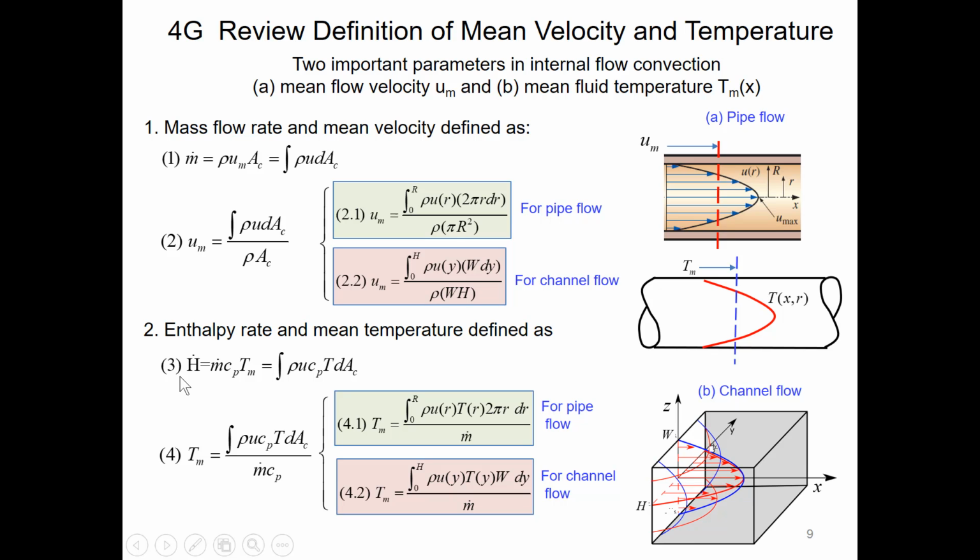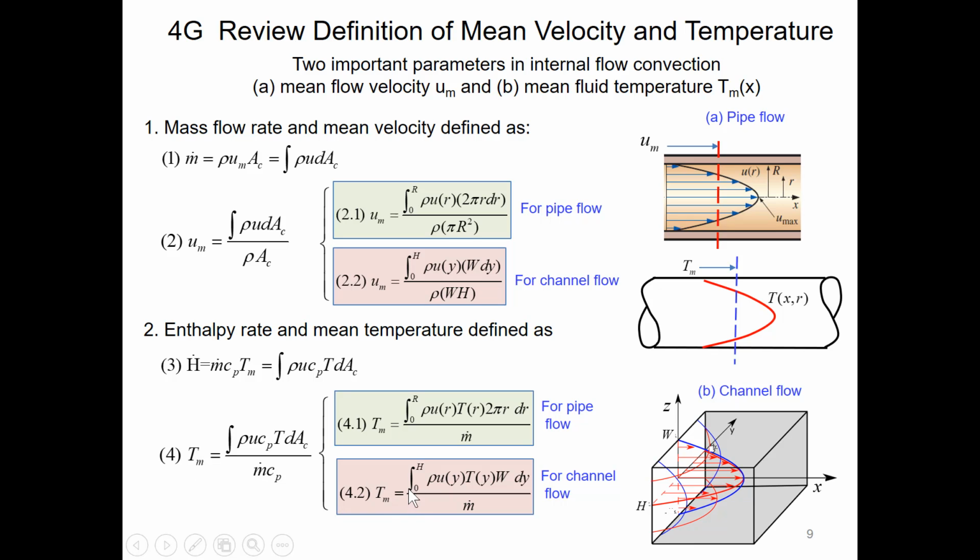Second, the enthalpy rate H dot is defined as mass flow rate times specific heat times mean flow temperature. From this definition, we can define the mean flow temperature Tm.